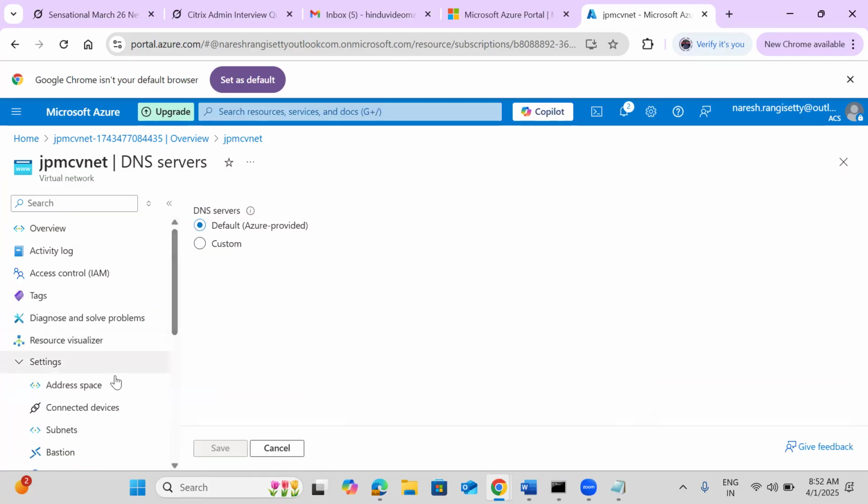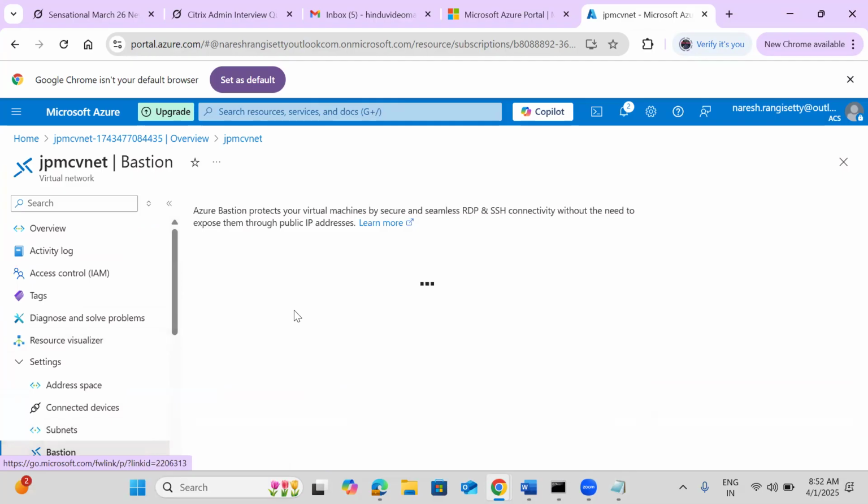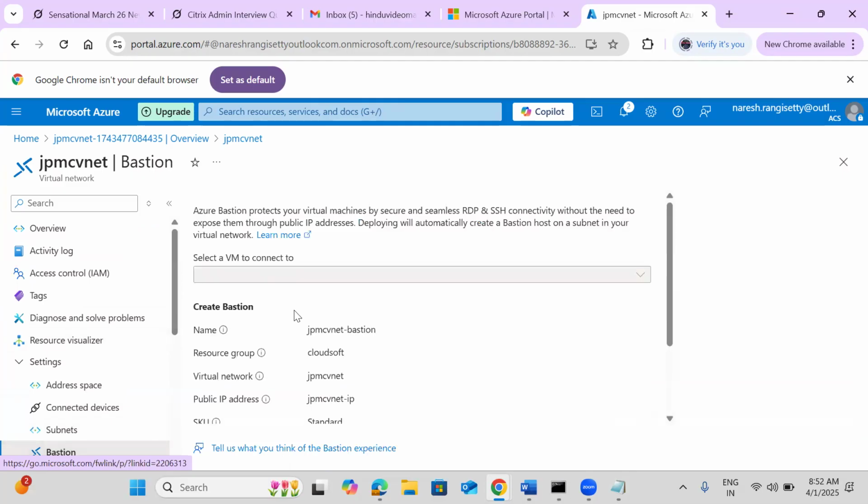What is the purpose of the Bastion host? We have a private subnet machine, and we want to access that private subnet machine over a jump server. The Bastion host will act as the jump server. That means we want to take an RDP or SSH to the private subnet machines.